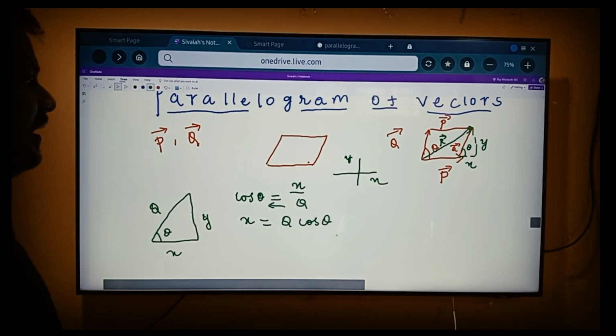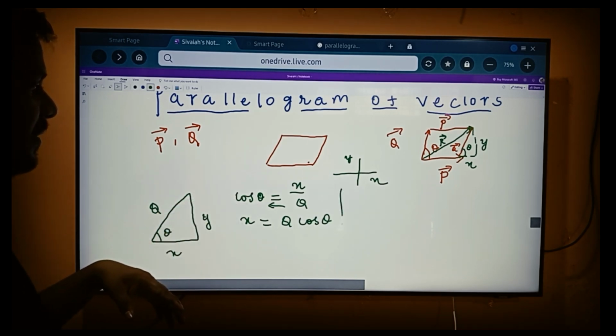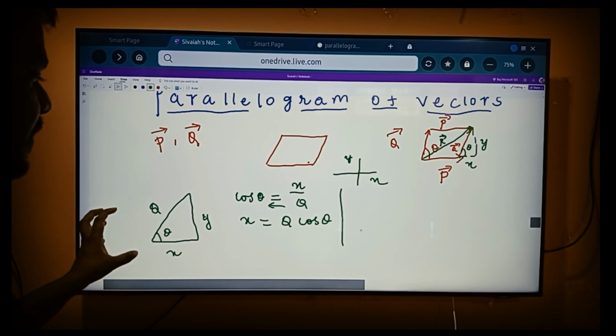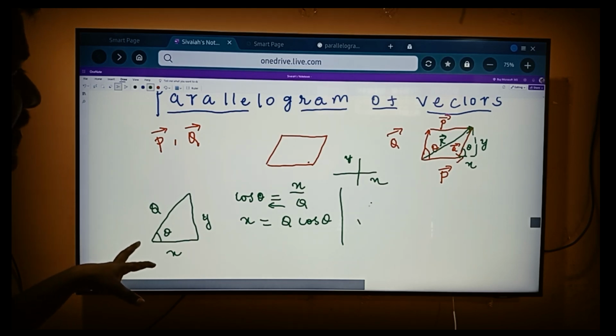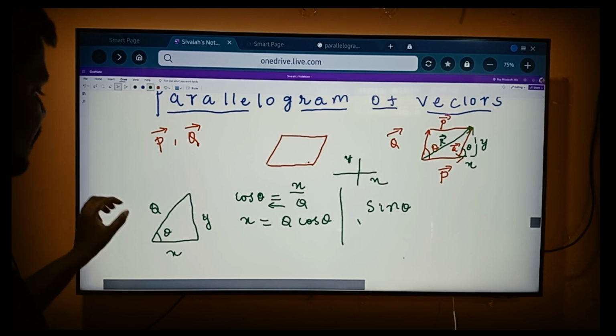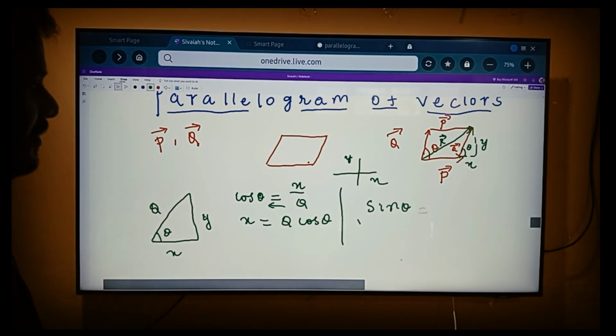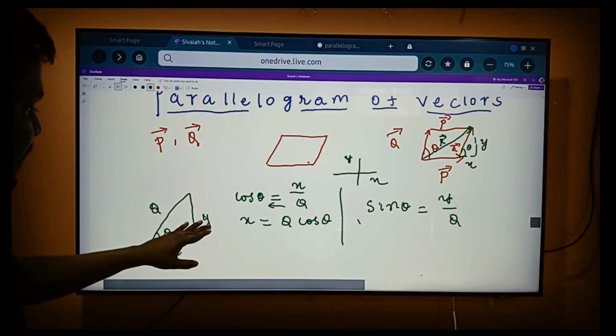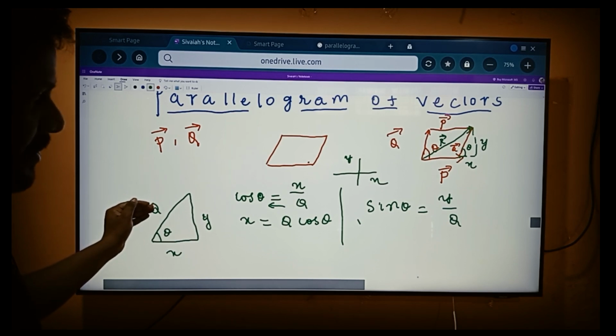And from the same triangle, what about the sin theta value? Sin theta equal to opposite side by hypotenuse. What is the opposite side? The opposite side is y, and the hypotenuse is q. So sin theta is y by q.